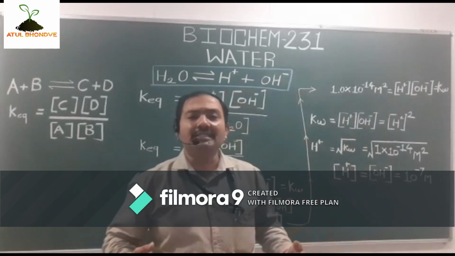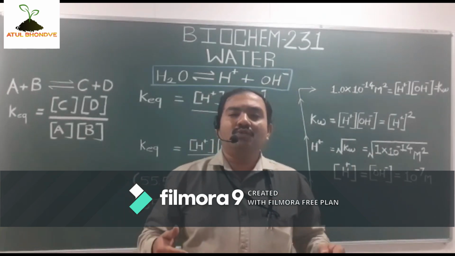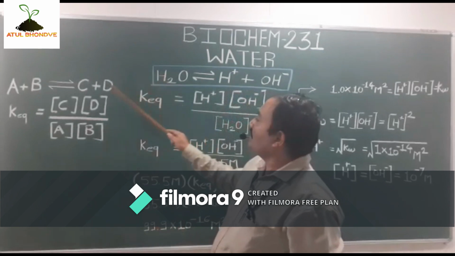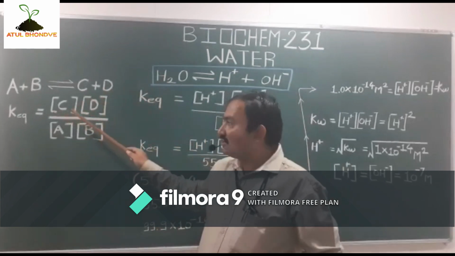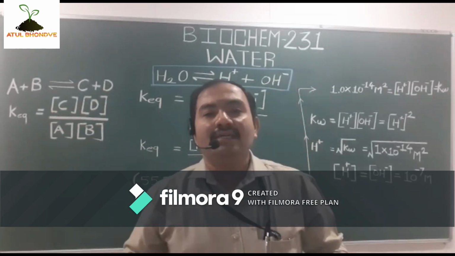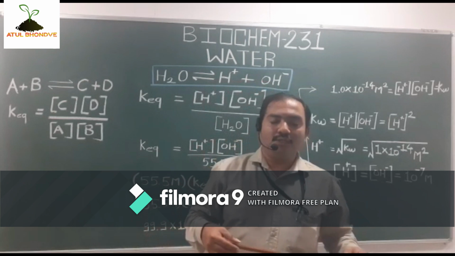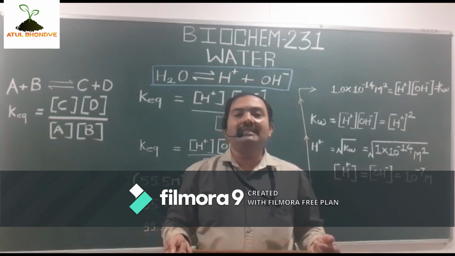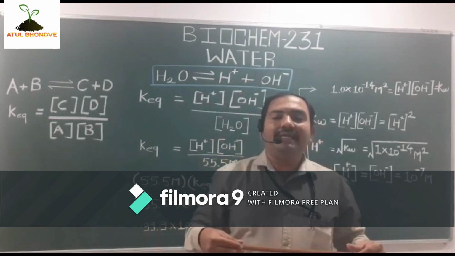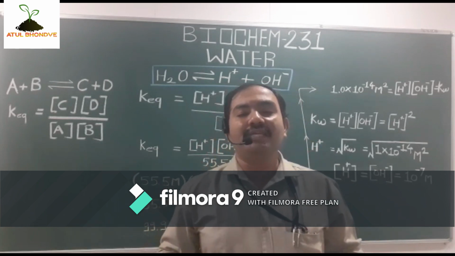As already mentioned, the equilibrium constant defines the concentrations of reactant and product at equilibrium and at a specific temperature. So the equilibrium constant is fixed and constant for a chemical reaction at a specific temperature.